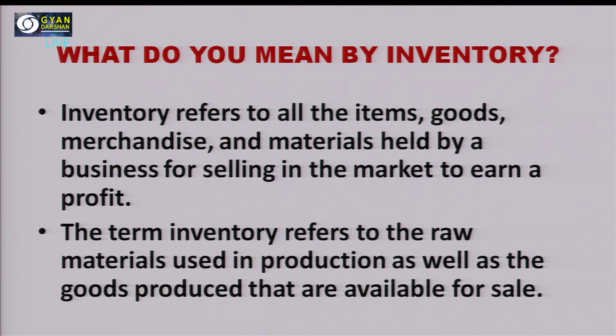First is your raw material, then work in process, then finished goods, and the fourth one is repair and maintenance, or the maintenance, repair and operations inventory. Because in every organization, whether it is the service sector or the manufacturing sector, you need inventory.